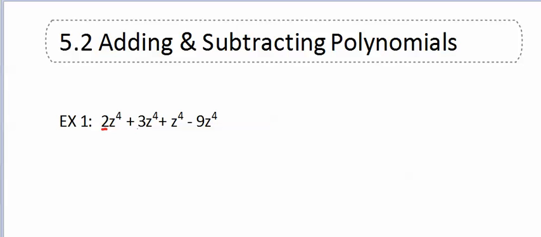So 2 plus 3 plus 1 minus 9 gives you negative 3, and then you just keep your term, z to the 4th. You don't add exponents, you don't add the z's, it just stays the same. The only thing you change are your coefficients.